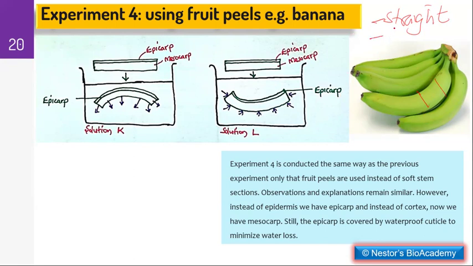Another precaution always is to use thin peels. If you use very thick peels, it might take too long, or sometimes you might not observe the curvature in any given way.